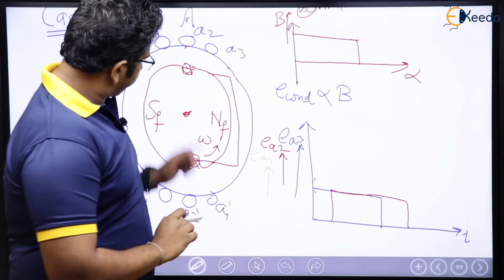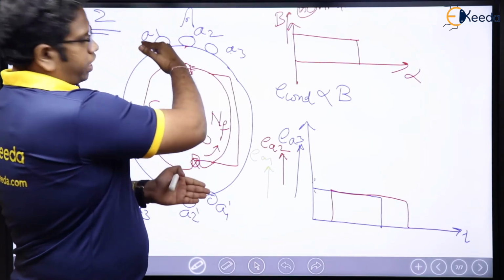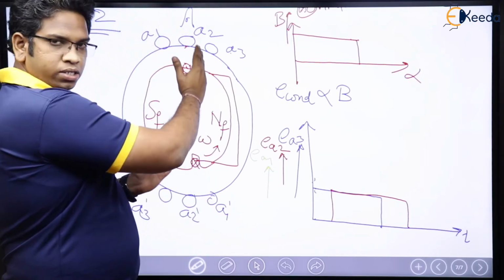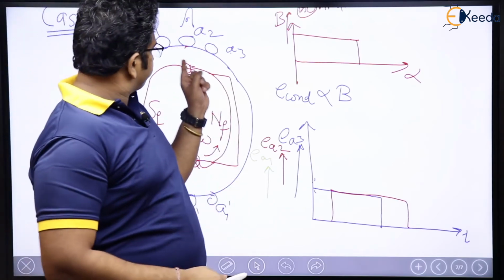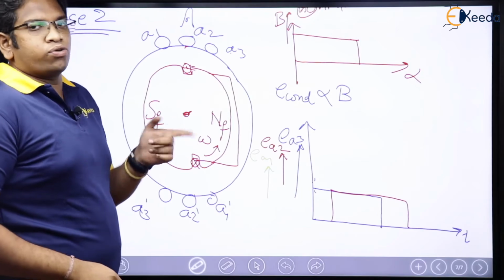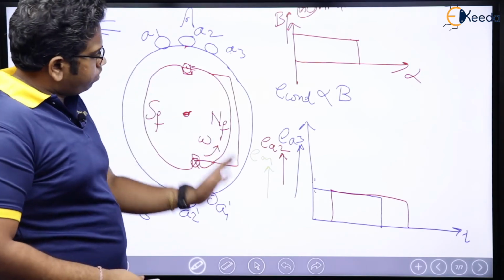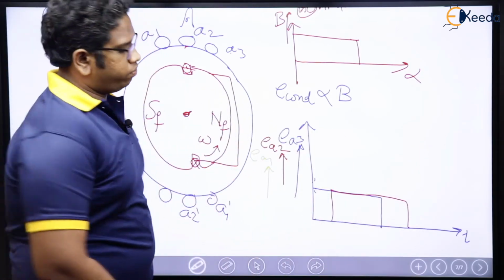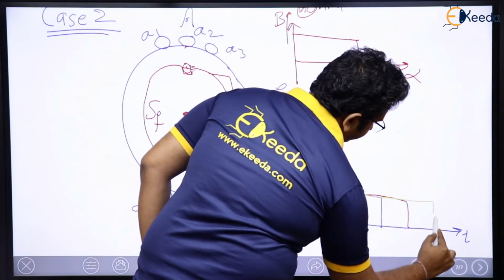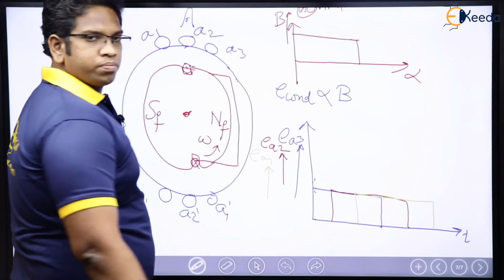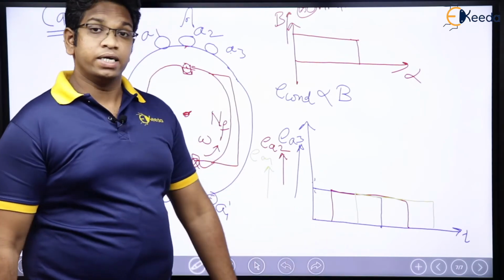Very important. See, if it is EA1, after some rotation in space, there is going to be induced EMF in A1, which is going to be maximum, and it will remain maximum for some time, which means EA1 is going to be furthermore delayed in time.